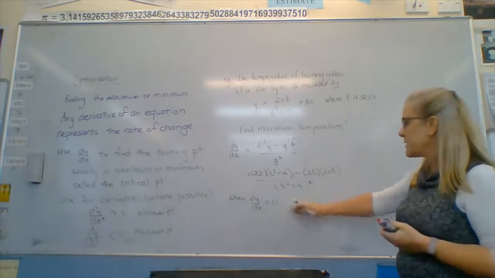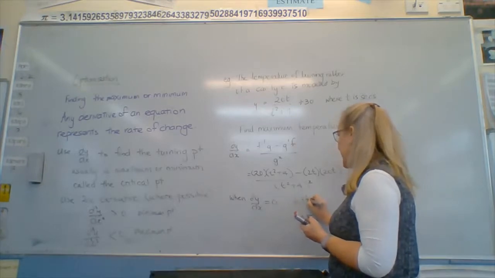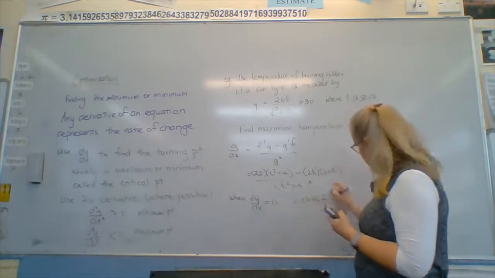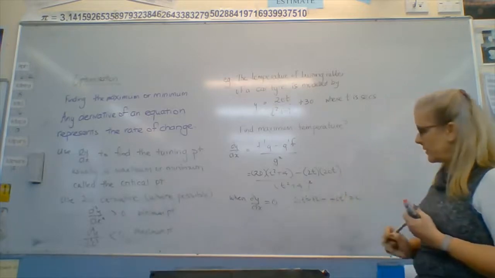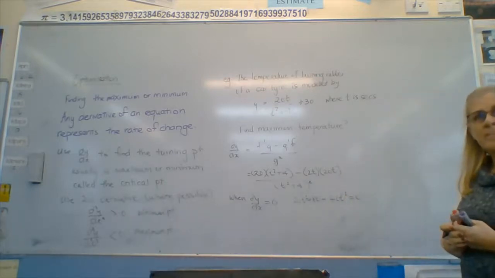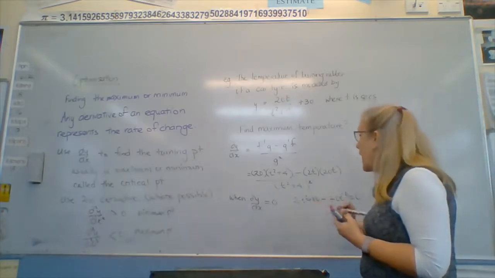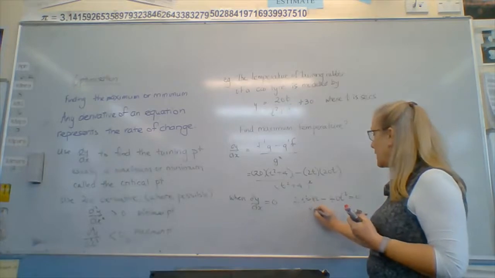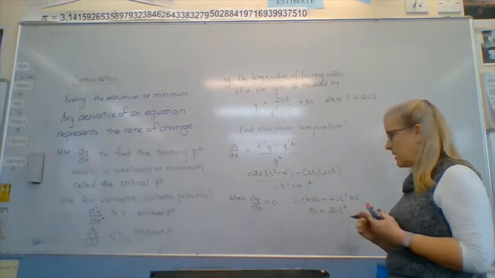Okay, so when this equals 0, then 20t squared plus 80 minus 40t squared has to be equal to 0. Numerator equal to 0. So if you did put it over the denominator as well and had it equal to 0, would you be marked down for that or not necessarily?